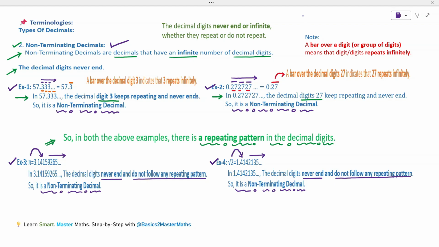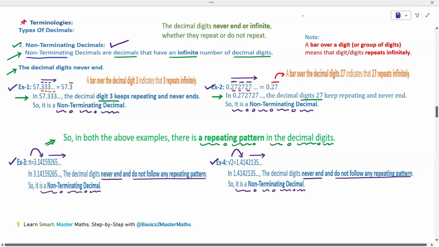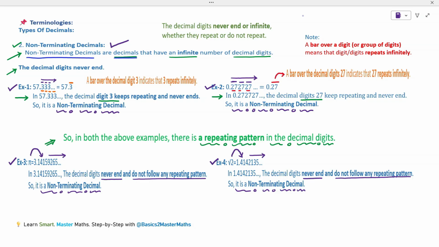Therefore, the conclusion is non-terminating decimals are decimals that have an infinite number of decimal digits.